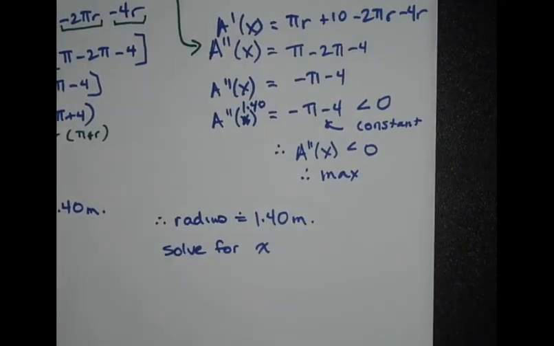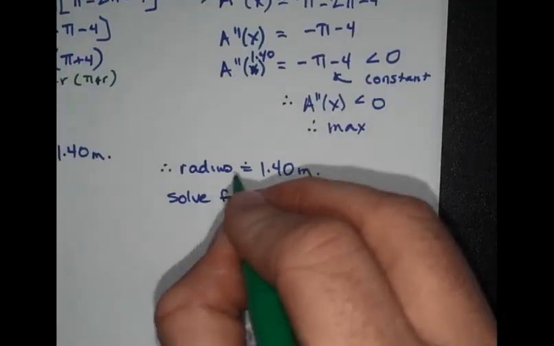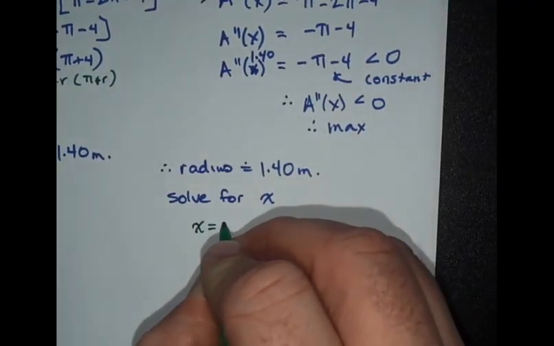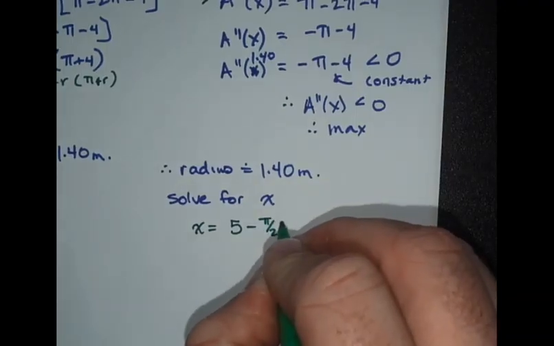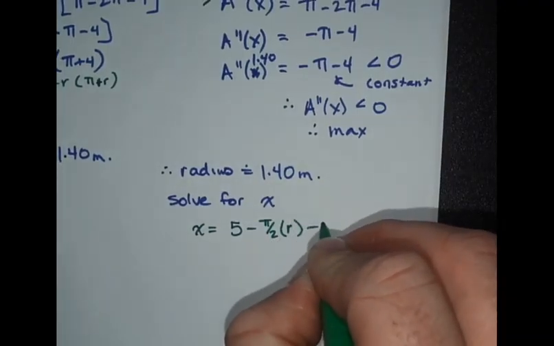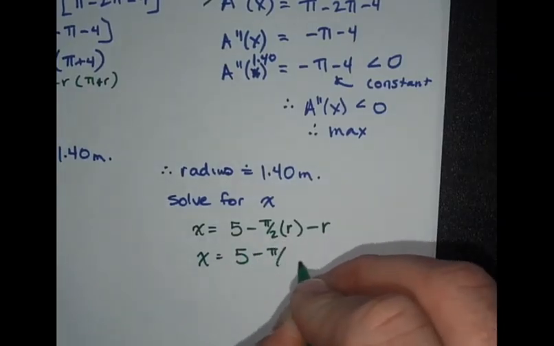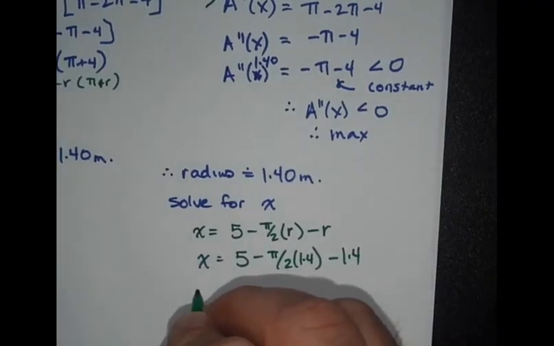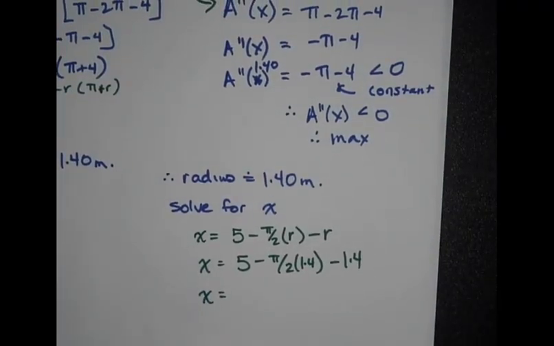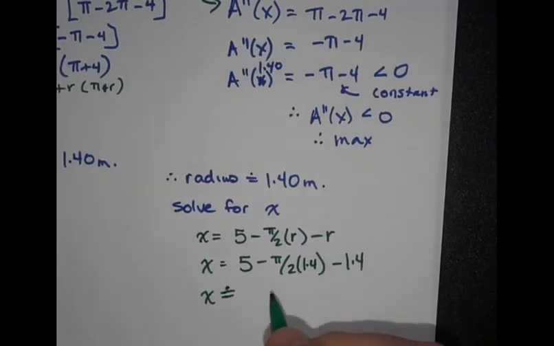So our x equals 5 minus pi over 2 r minus r, and I can just put that in. I can put in 1.4 minus 1.4. If I did that math, you would actually see this would be the same amount.